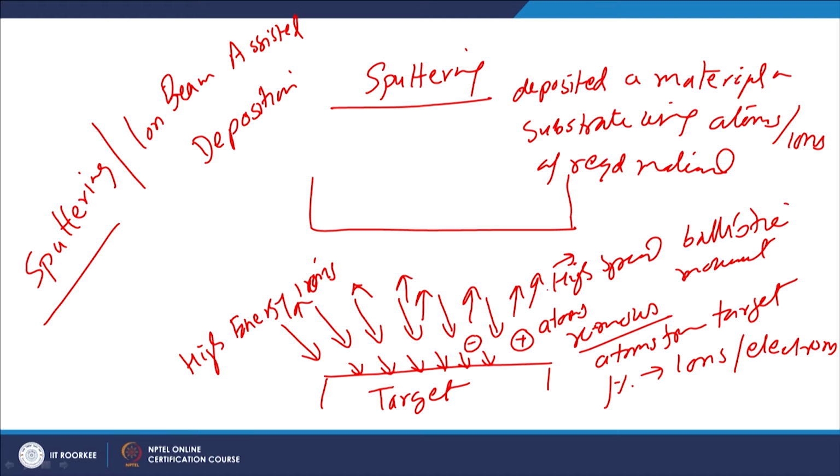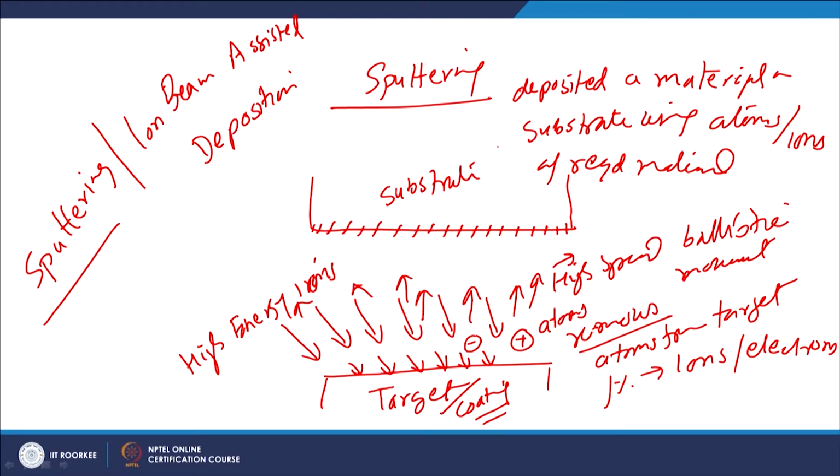Some of these high energy ions and atoms will be moving and impacting at the surface of the substrate as well, and there they get deposited. So basically we are getting the high energy atoms and ions from the target material, which is the material to be coated.